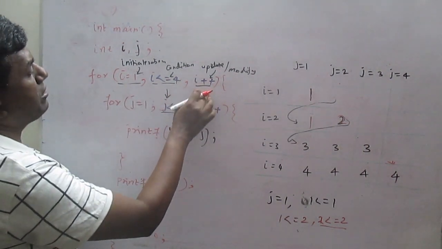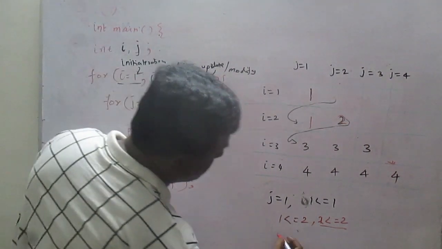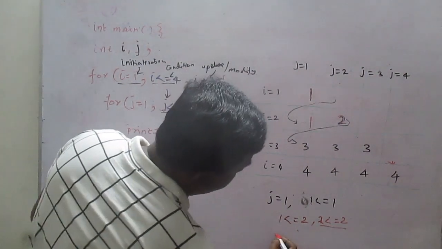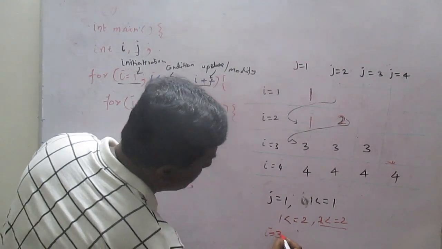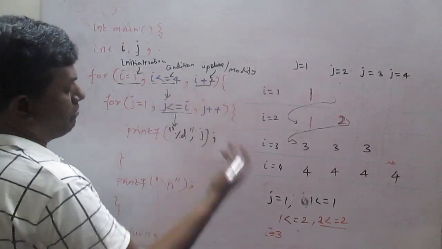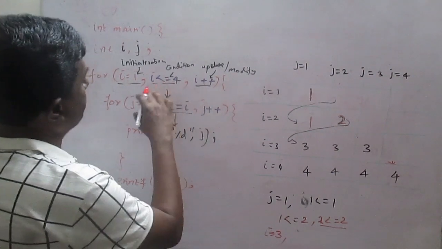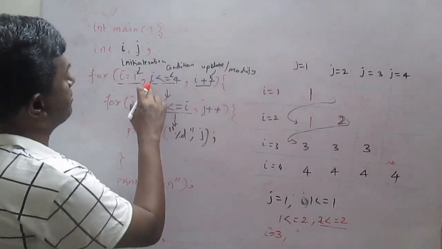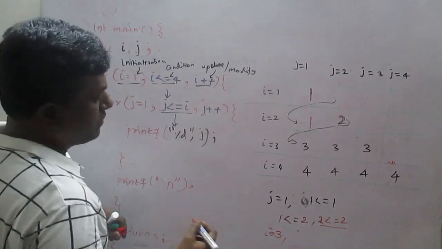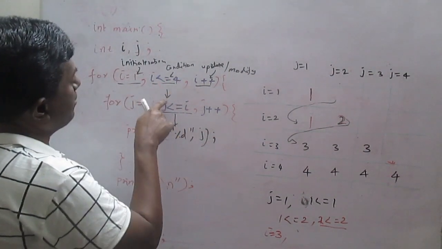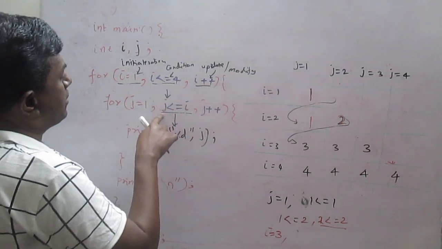Now i is incremented to 3, so i is 3. We check the condition, 3 less than or equal to 4, yes, the condition is true, and we enter this loop.